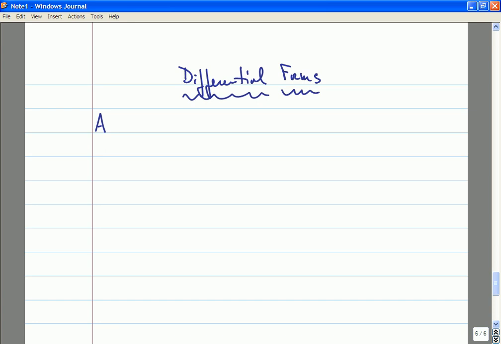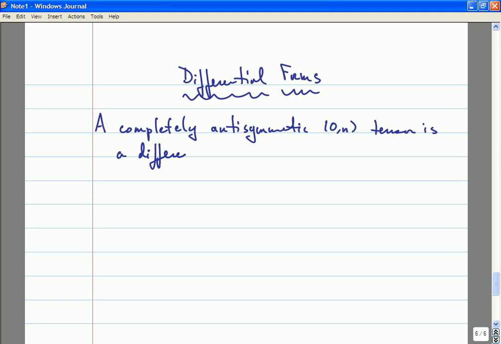A completely antisymmetric (0,n) tensor is a rank n differential form, or sometimes we just call it an n-form.